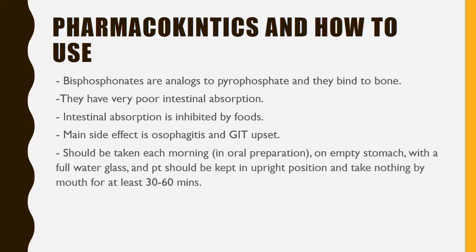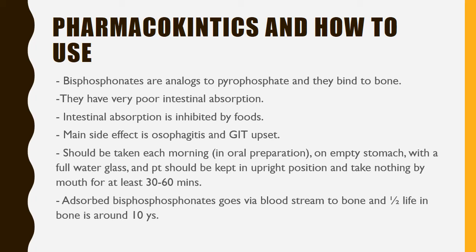Oral preparations should be taken each morning on an empty stomach with a full glass of water, and the patient should be kept in an upright position and take nothing by mouth for at least 30 to 60 minutes. Hence it is difficult in compliance. So as mentioned before, intravenous forms bypass all of these precautions.